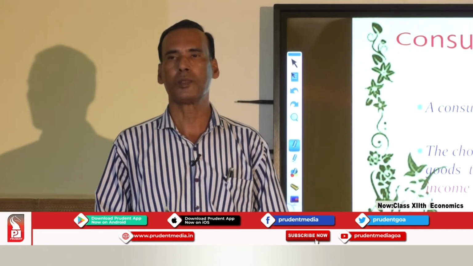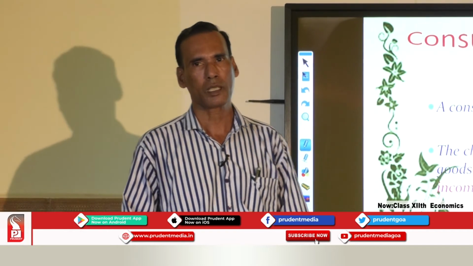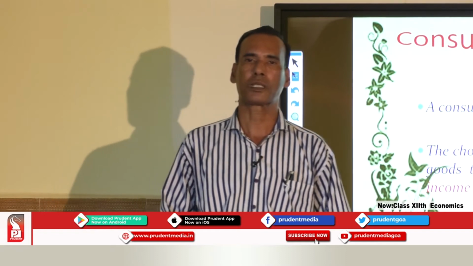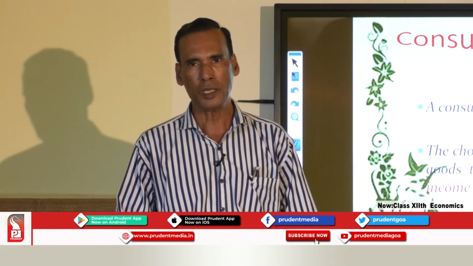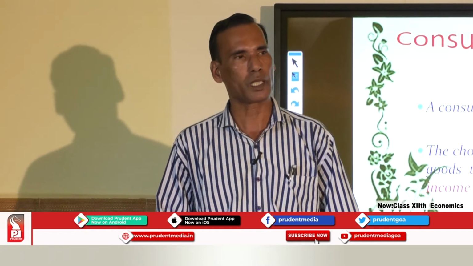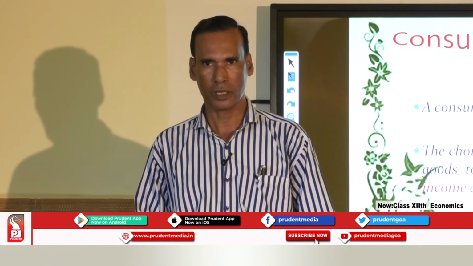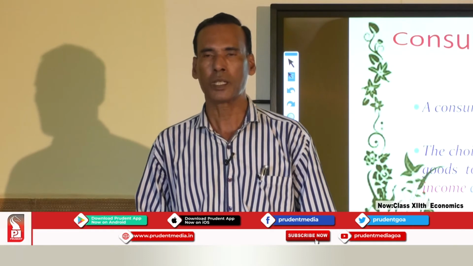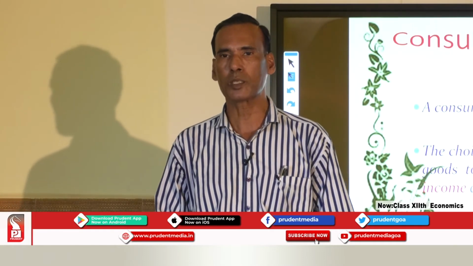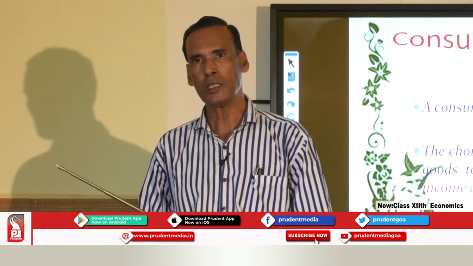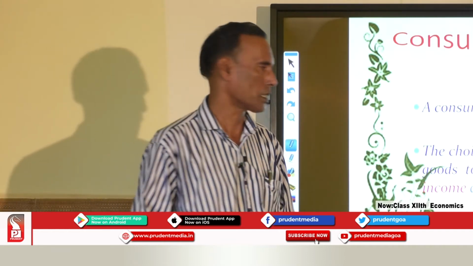Considering a consumer has limited income, the choice of his goods will depend upon the income of the consumer and the price of the commodity. So, here the consumer will try to balance between the income and the price of the commodity.